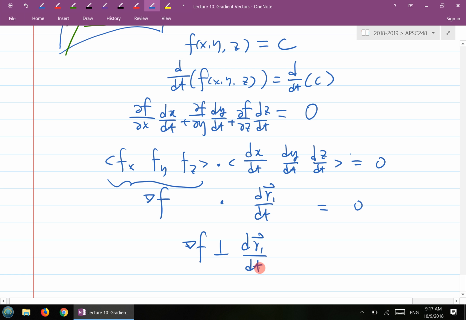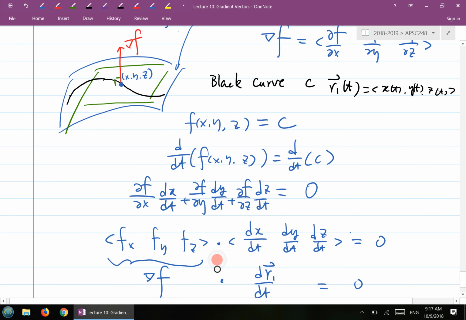So getting back to the drawing here, remember the black curve is an arbitrary curve on that level surface. Then dr1 over dt must be a tangent vector over here.